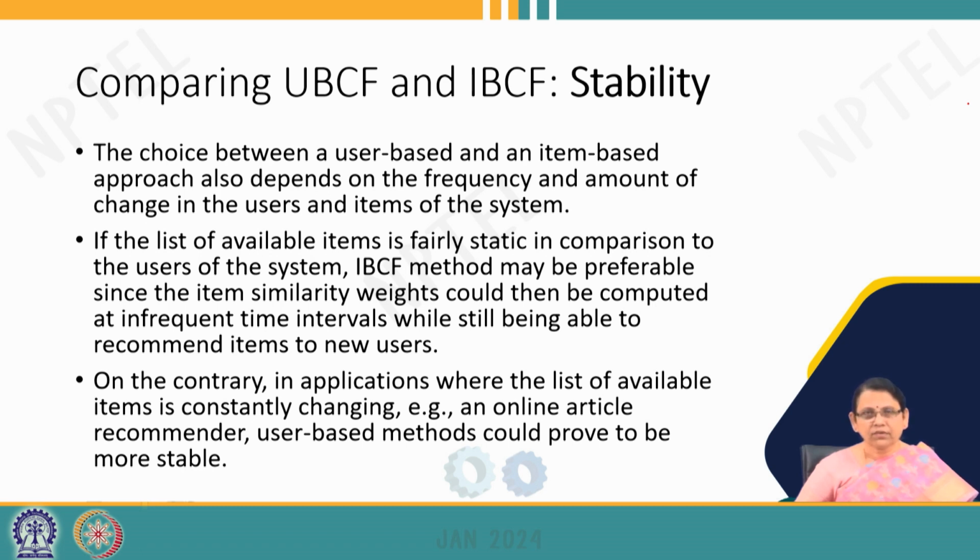In case of item based system, which is more stable because the items do not change very frequently, so the similarity computation will not be affected much even if new ratings come in.